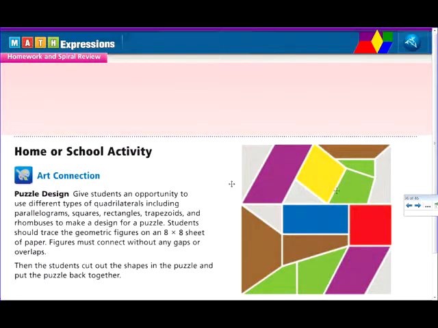Hopefully you can see that there's lots of things you can do with geometric figures. There are tangrams. There are these little shape puzzles. Try it at home. Cut out an 8 by 8 inch sheet of paper. See if you can draw some puzzles on there. Then cut out the shapes in the puzzles and put the puzzle back together. Kind of fun to do if you notice there's some parallelograms, some trapezoids, some rhombuses.